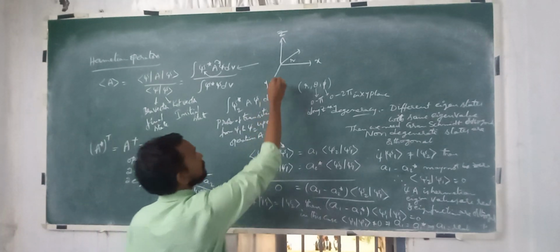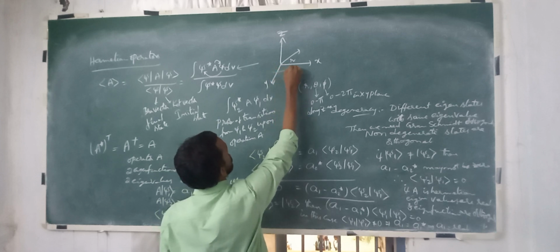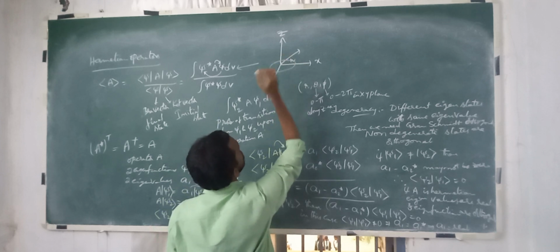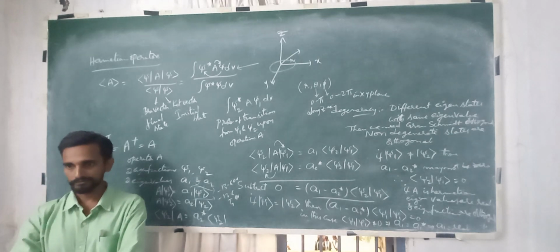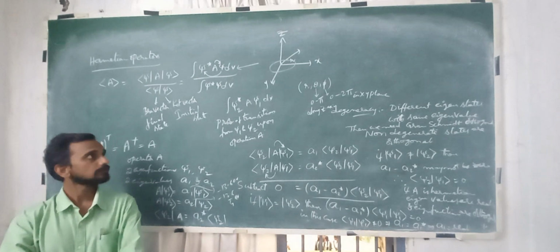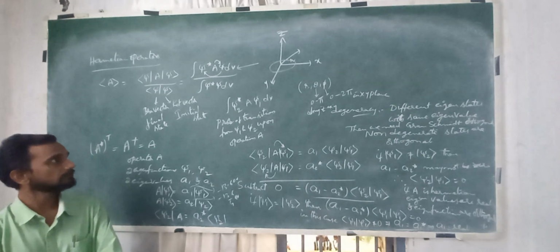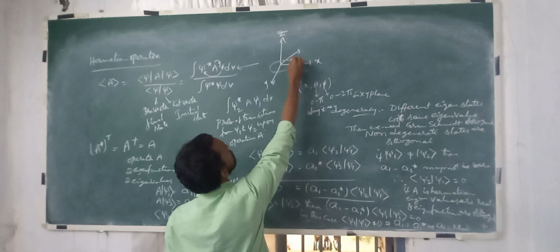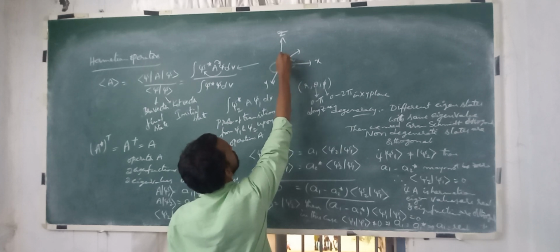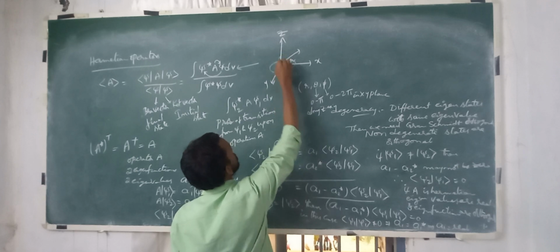Phi value is measured in xy plane 360 degrees. Theta is measured along z axis.